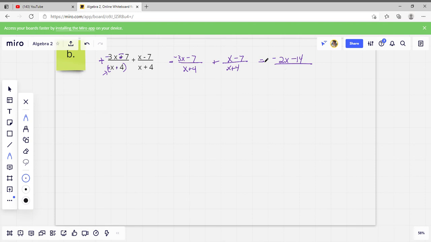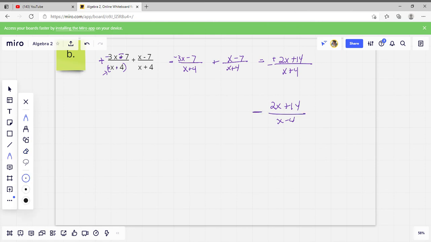over x plus 4. You could also write that whole thing differently: we could get rid of this negative right here and put it there. So we could say negative 2x plus 14 over x minus 4. Hang on, I didn't do that right. The whole term is negative.